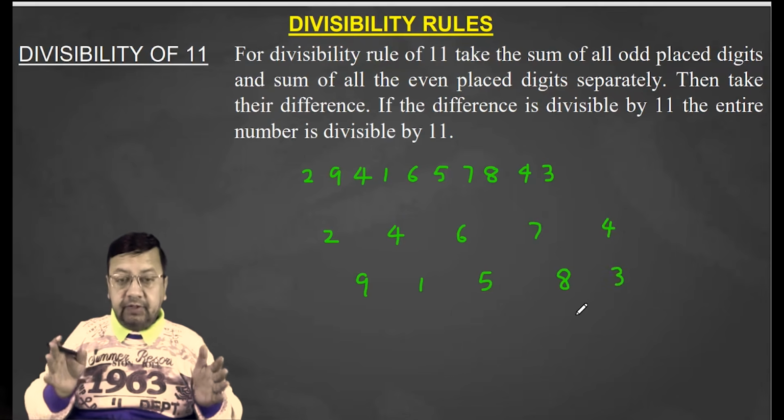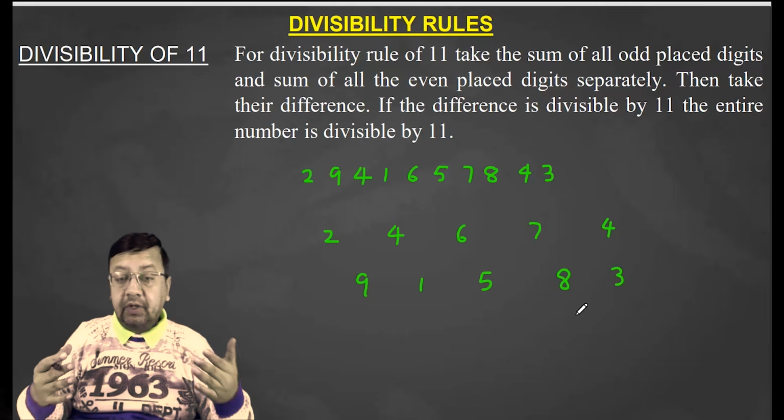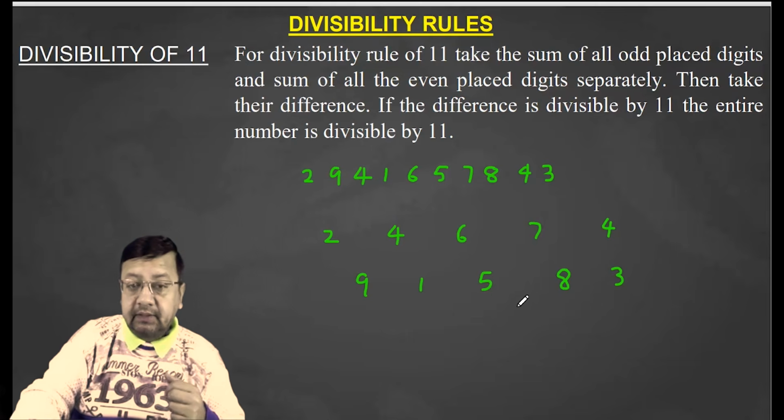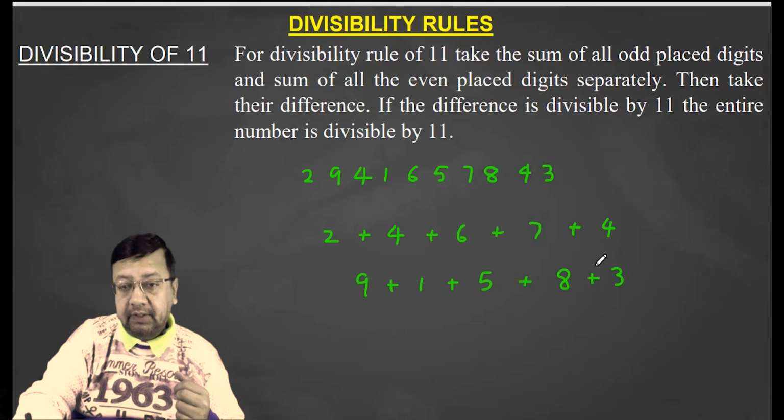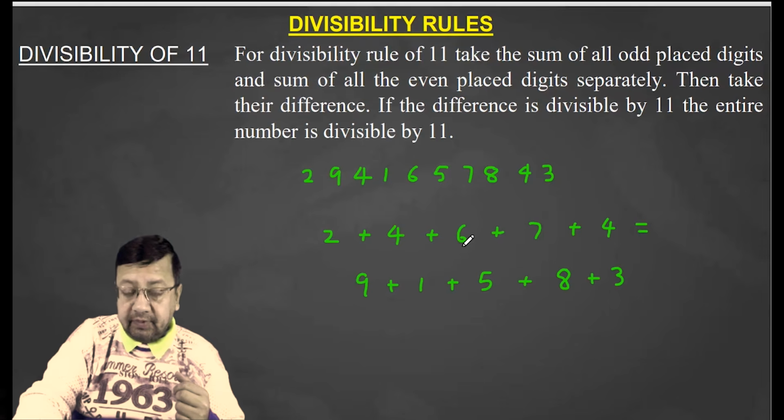So what you have done, you have separated individual alternate digits. And the next step is what? Just add them separately, right? This way, add them. And when you're adding, you will be getting two different sums of the alternate digits, right? So first one is what? 2 plus 4, 6. 6 plus 6, 12, right? 12 plus 7, 19.